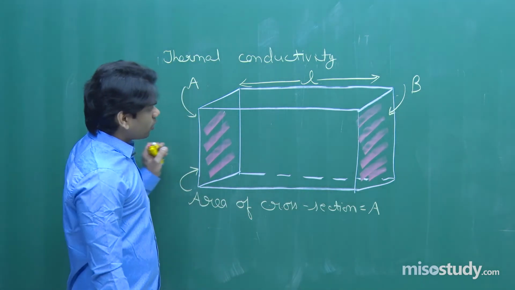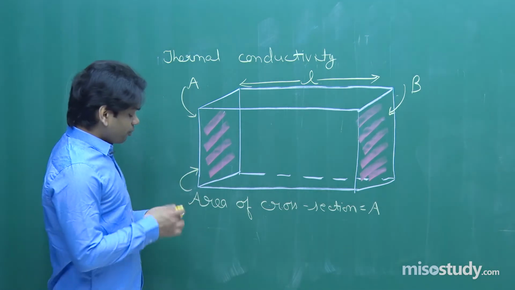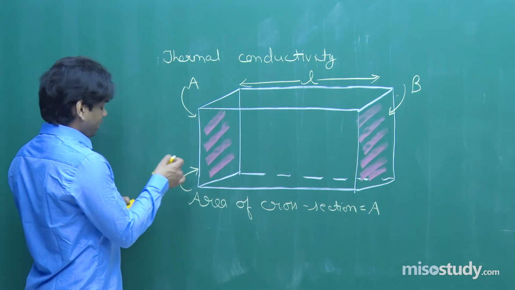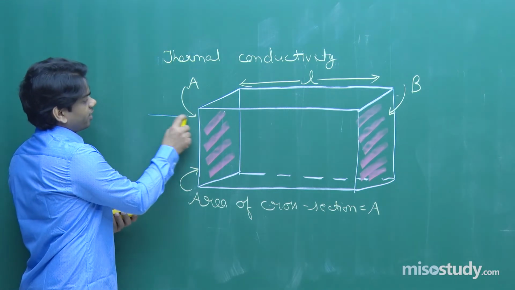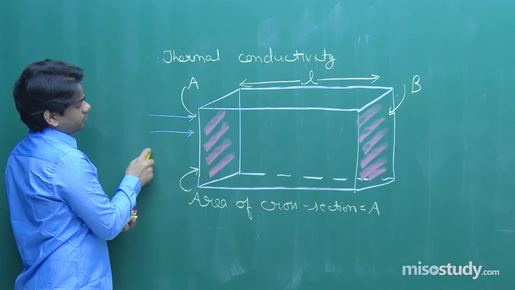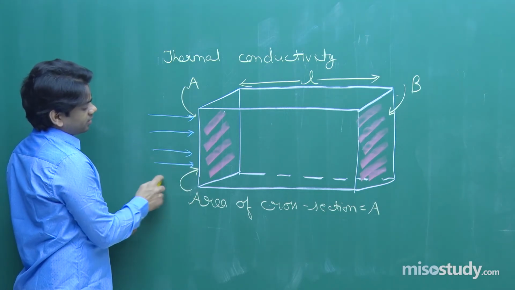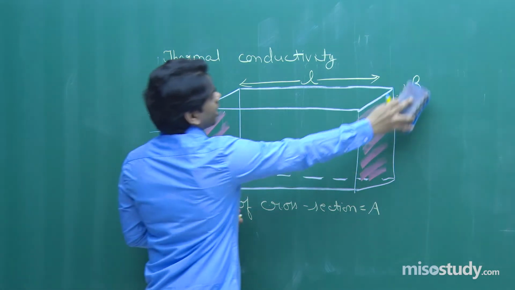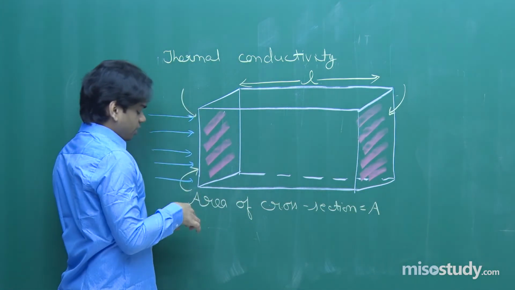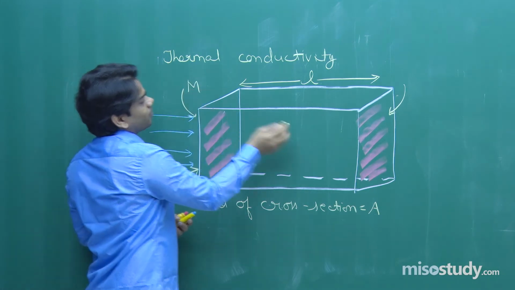Now observe this cube. I have taken here also area of cross section A, so let me mark these ends as M and N, which is a better way to depict the ends.